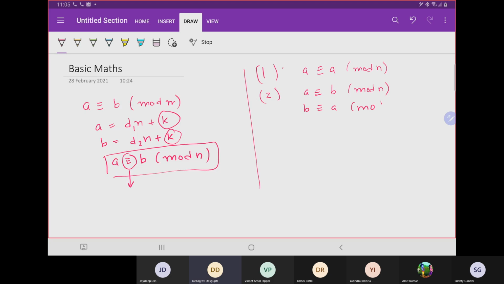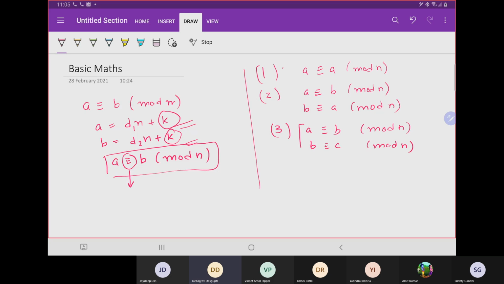This is also pretty intuitive because they are leaving the same remainder k as explained here. And the third property will be that A is congruent to B mod n and B is congruent to C mod n.